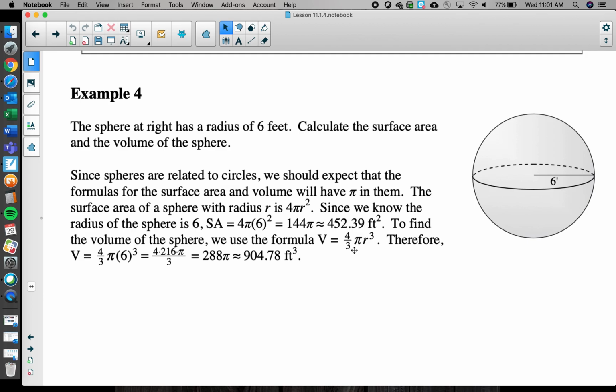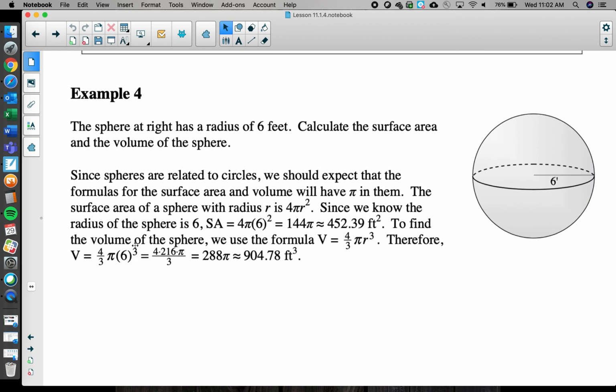Volume, here's your formula right here, 4/3 pi r cubed. Plug in your 6 for your radius. When you cube this on your calculator, if you have your own calculator, you're going to want to raise it to a power, to the 3rd power. So it's not a button. You're going to look for the caret button on the calculator. It looks like an arrow that's pointing up. That's your power button.